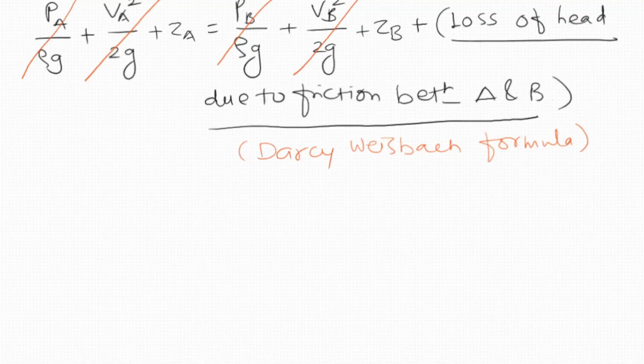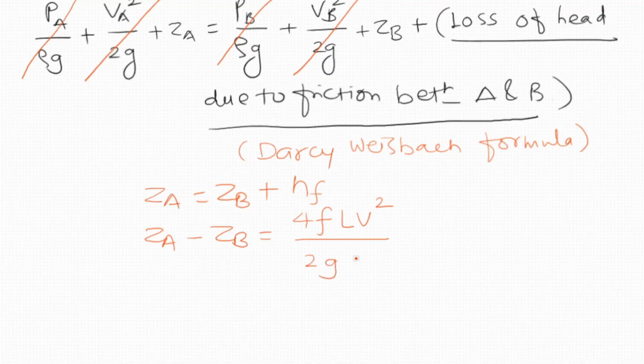So ZA equals ZB plus the head loss due to friction between A and B, which can be found by the formula. So ZA minus ZB gives HF, which is equal to 4 FL V square by 2GD.